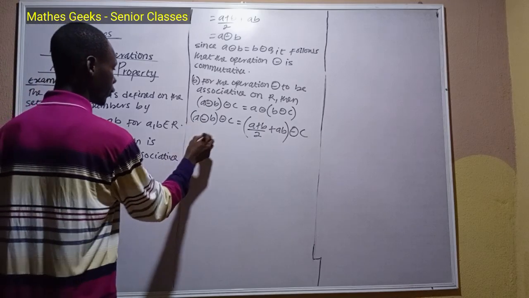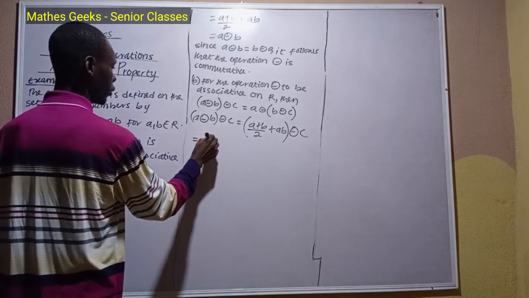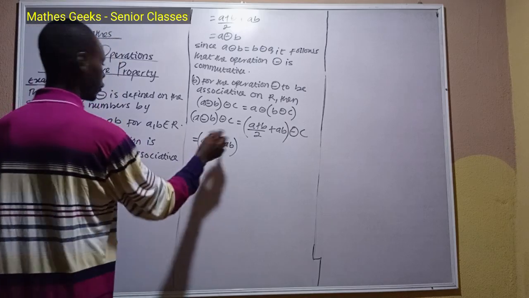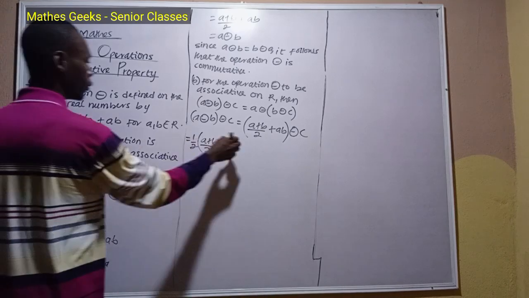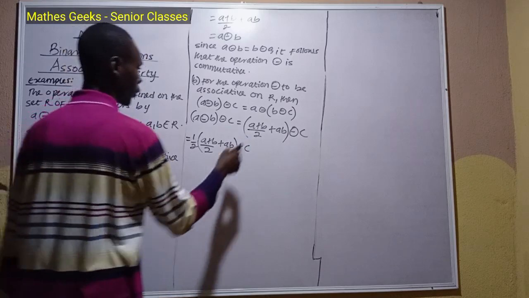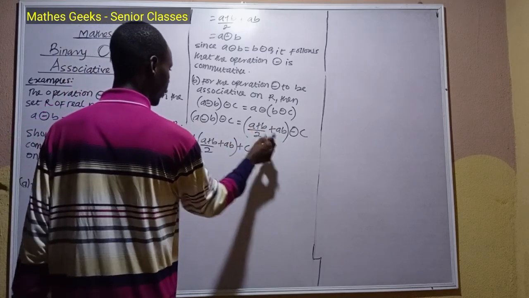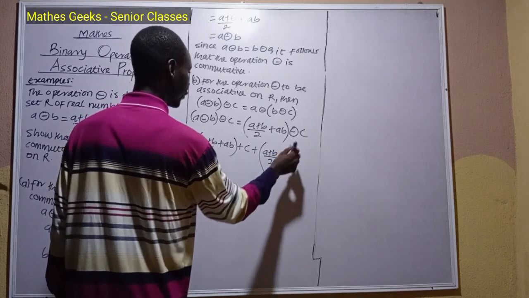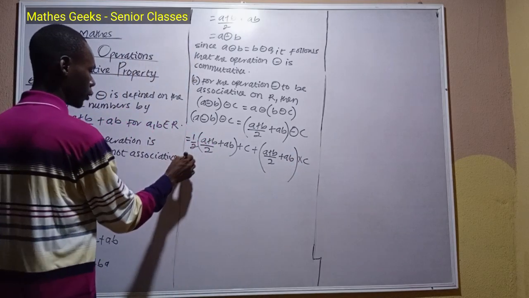So now it will give us A operation B, which is A plus B over 2 plus AB, plus half of C, and then plus this part A operation B times C.